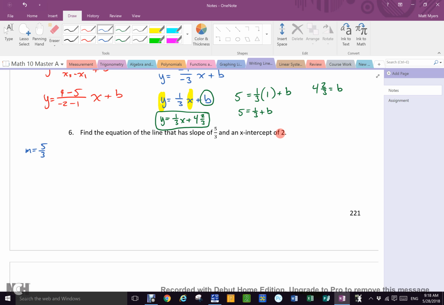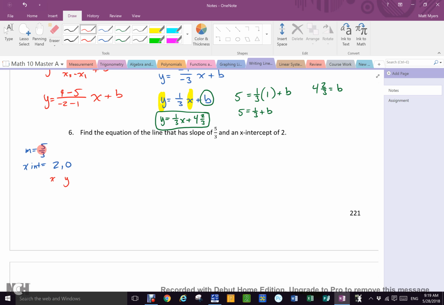It doesn't have a y-intercept. That's the x-intercept. So, I do know something about x-intercepts though, don't I? What are the coordinates of x-intercepts? The x-intercept is 2, 0, isn't it? What value can that 2 go for? Any x. What value can that 0 go for? Any y. So I have an x and a y, and I have a slope.